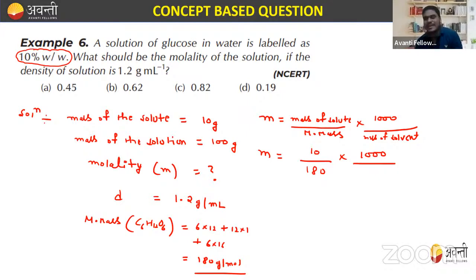So how can we calculate mass of solvent? Yes, this is very important and very simple. In our first class, we discussed how you calculate mass of solvent using solution and solute.